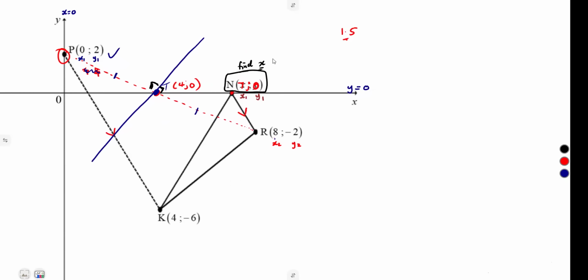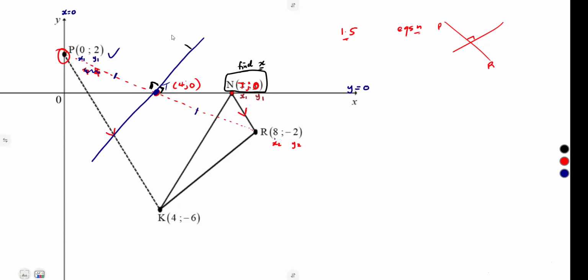To find the equation here, we can see that it is a perpendicular bisector, meaning at 90 degrees. The property here is that if two lines are perpendicular, the product of their gradients should give us what? A -1. So let's say the gradient of PR, multiplied by the gradient of the line that we want, the perpendicular bisector.